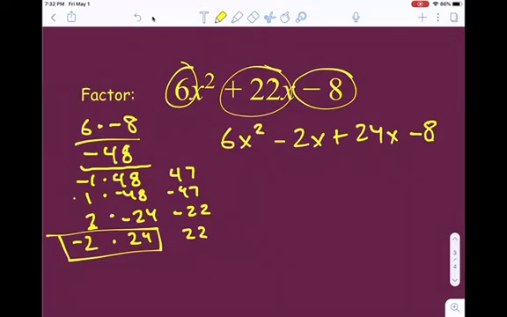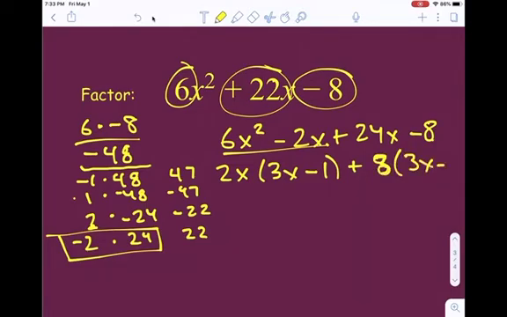Let's take 2x out of both of these two terms, and that gives me 3x minus 1. All right, off to a good start. And then for this one, I can get an 8 out, and that gives me 3x minus 1. And that's what we're looking for.